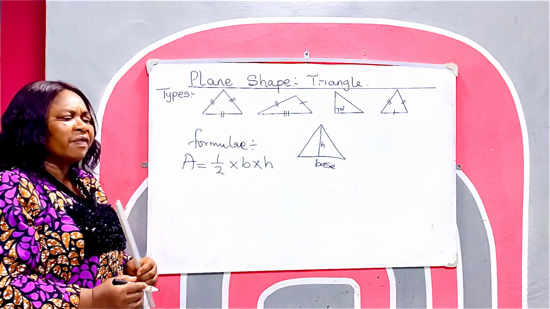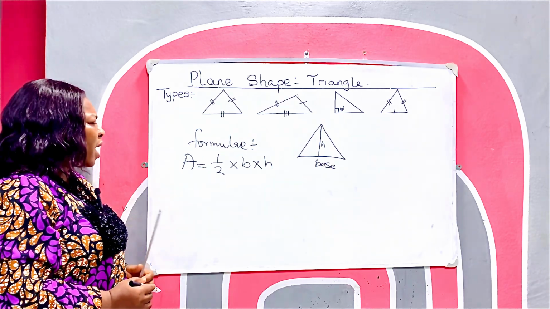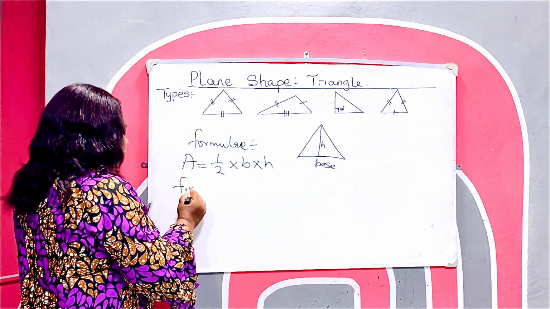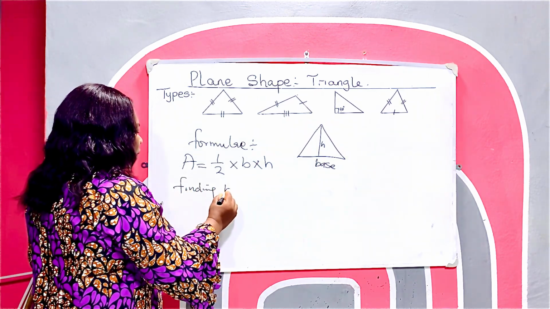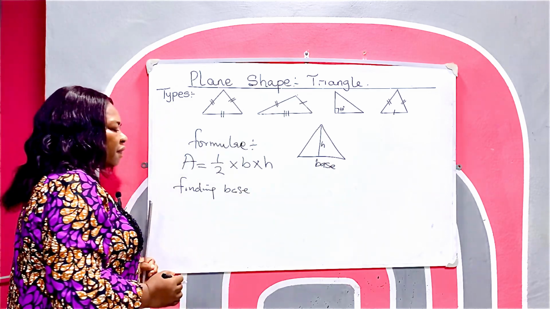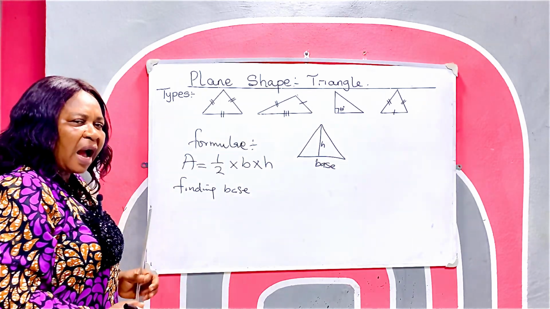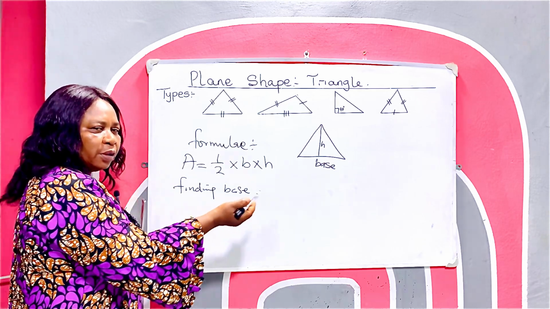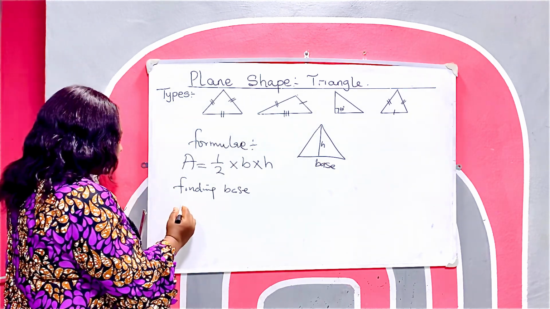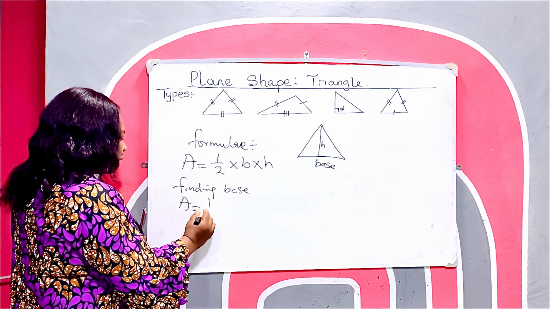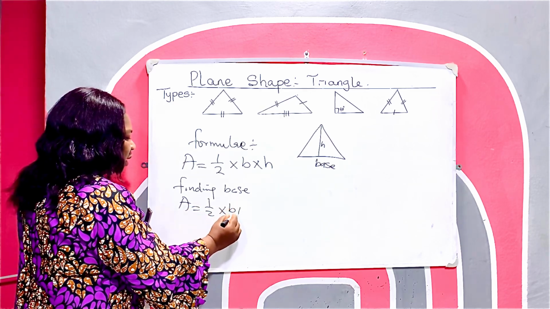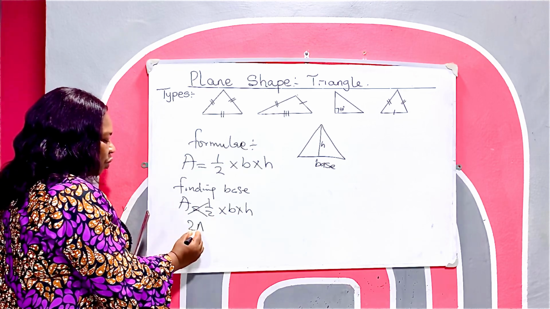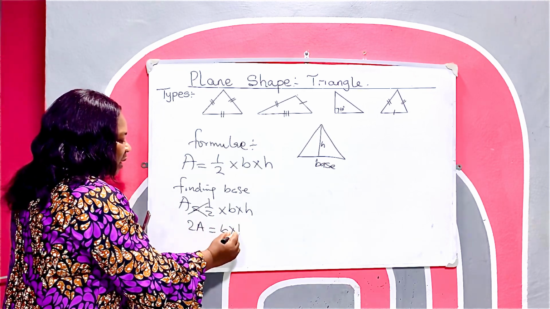Sometimes you'll be required to find the base. What do I do? I write what I know and use what I know to get what I don't know. I know that area is half times base times height. I cross multiply: 2 area equals base times height.